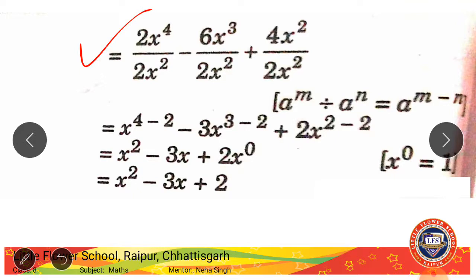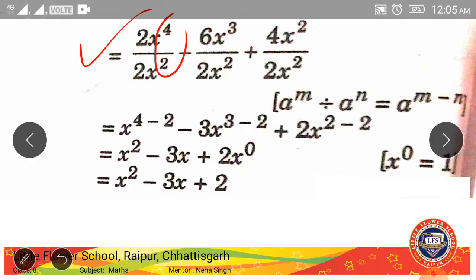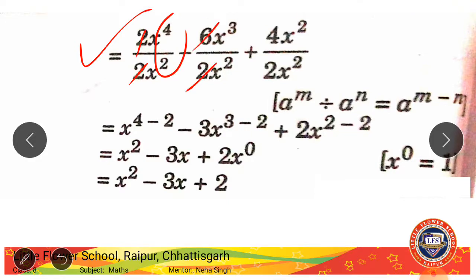Like this it is given: 2x4 upon 2x square is divided individually in all the terms. Now the property is being used, so 2 is getting cancelled, 2 1s are 2, 2 3s are 6, 2 1s are 2, 2 2s are 4, x power 4 minus 2, then x power 3 minus 2 and x power 2 minus 2.